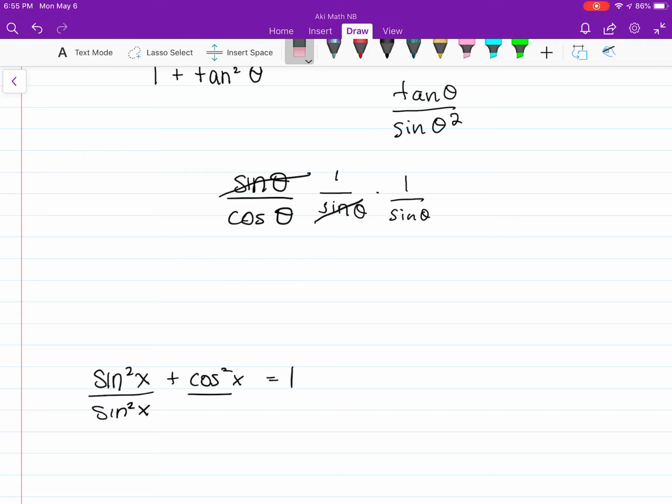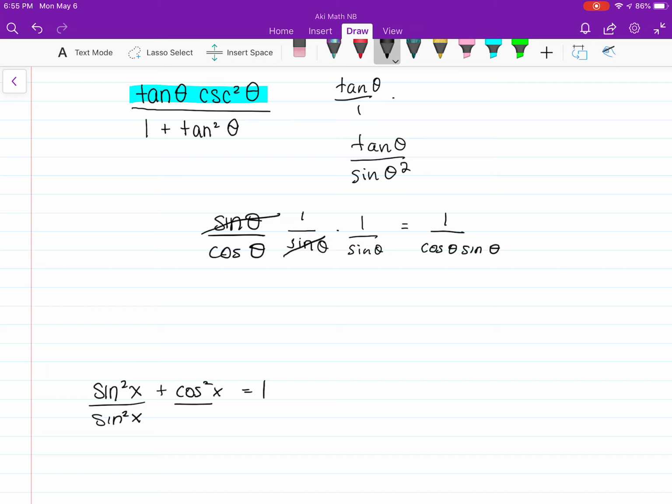We're just going to say in the end that this equals 1 over cosine theta, sine theta. And that's it. We're going to use this for that. But now I'm working on the bottom part. So if I'm dividing both sides by sine squared x, oops, I'm going to flip it the other way. Cosine squared x.